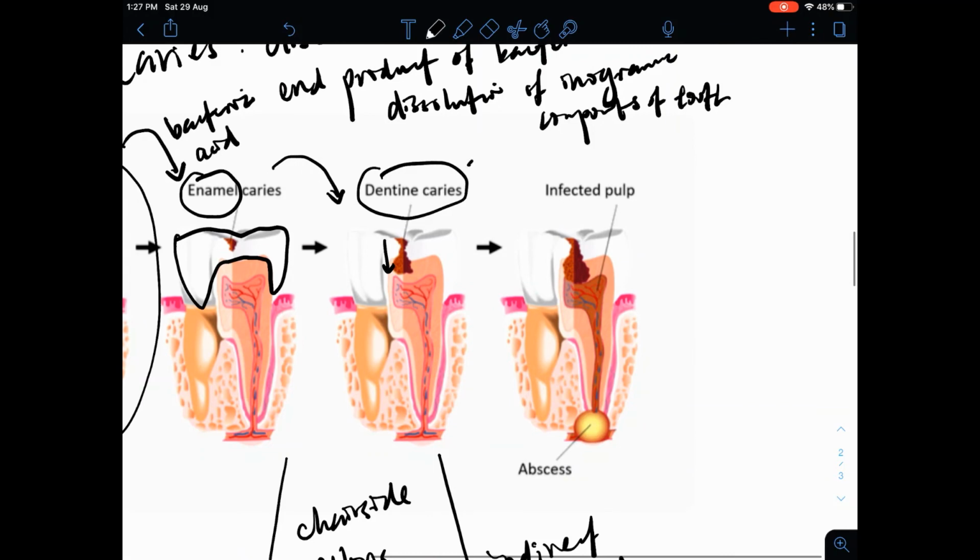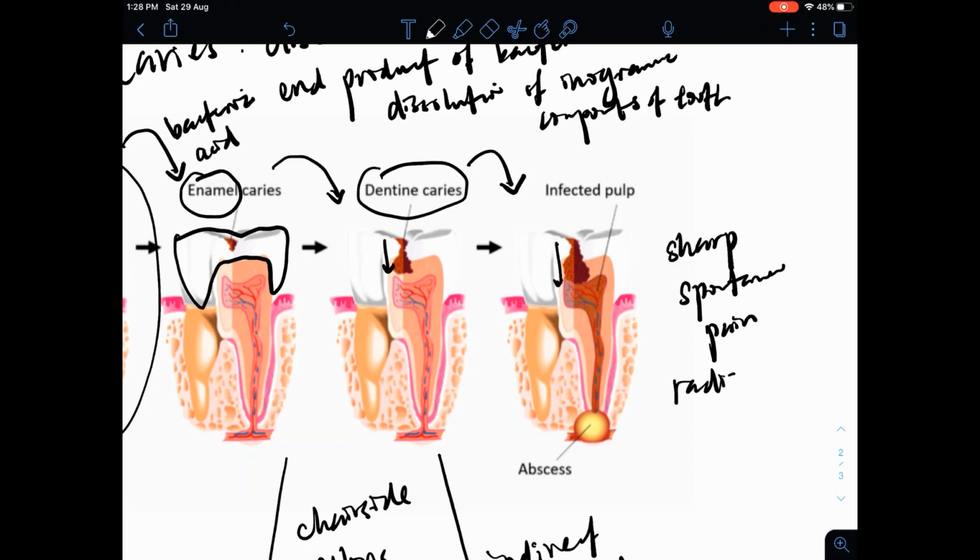Caries that are left untreated may progress into the pulp space. This is where the patient may feel sharp, spontaneous pain that radiates to the head.